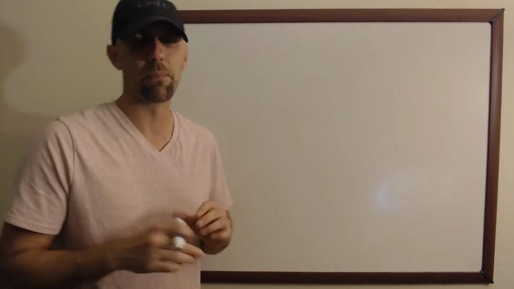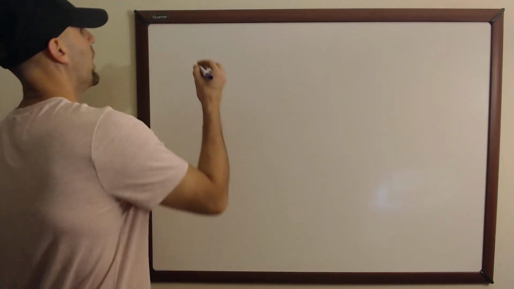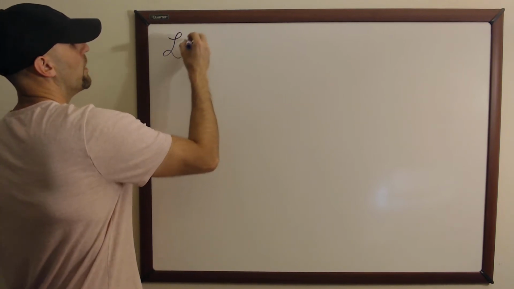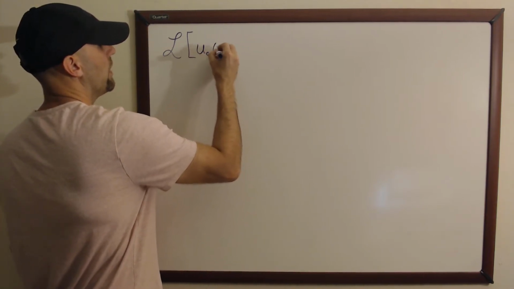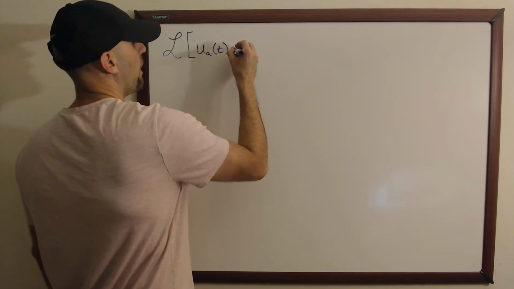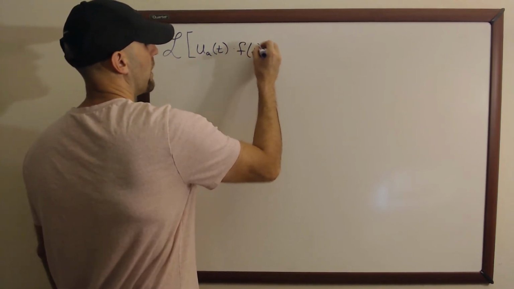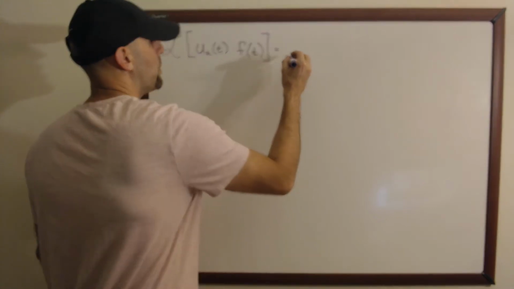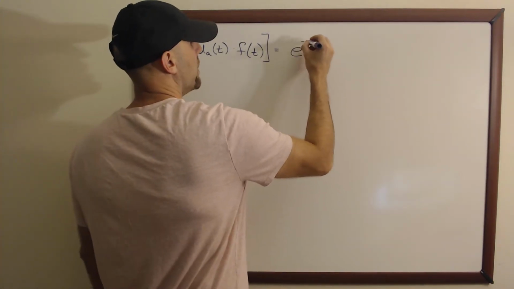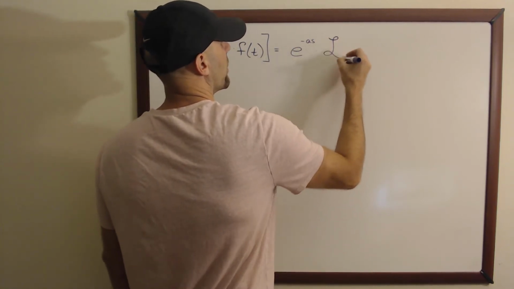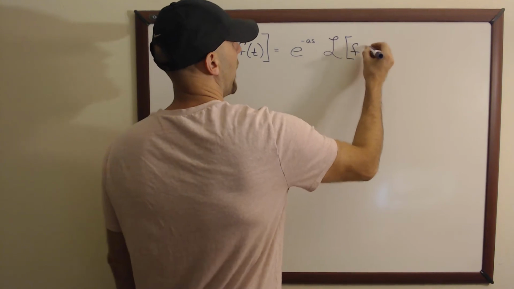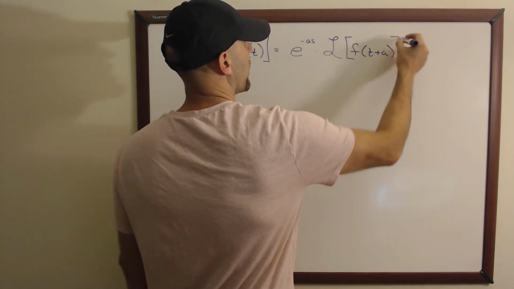Your book gives a couple different definitions for the Laplace transform of a piecewise function, but the one we're going to use is this one. The Laplace transform of u sub a of t, my unit step function, times f of t, is equal to e to the negative as times the Laplace transform of f of t plus a.